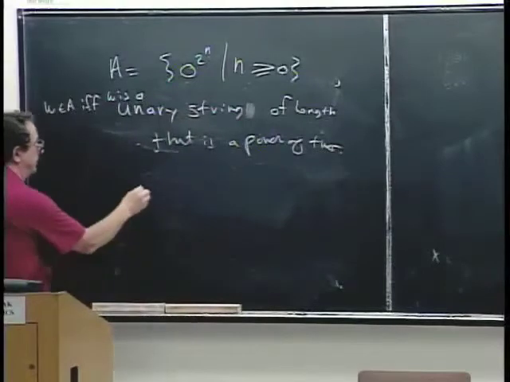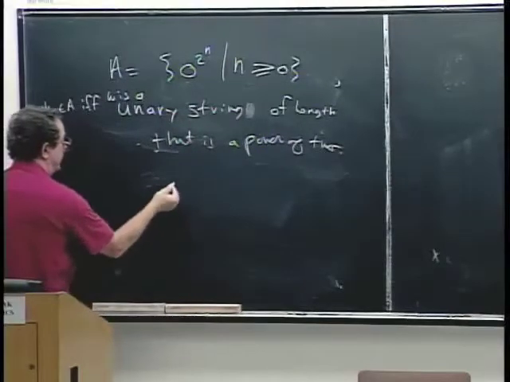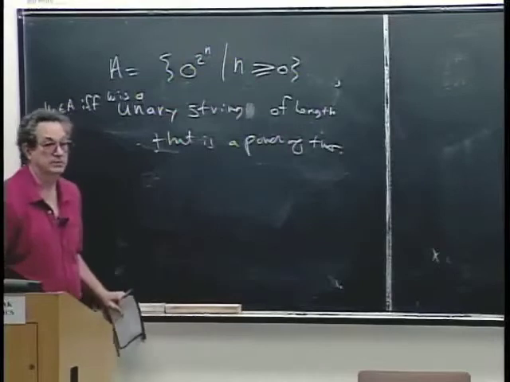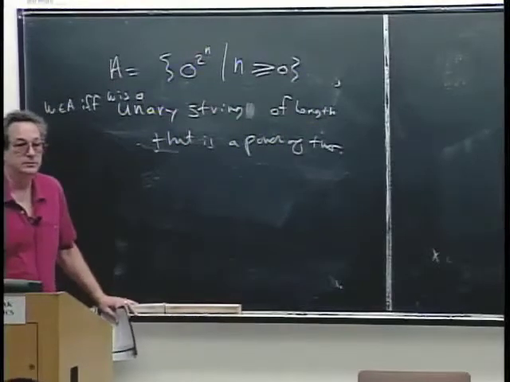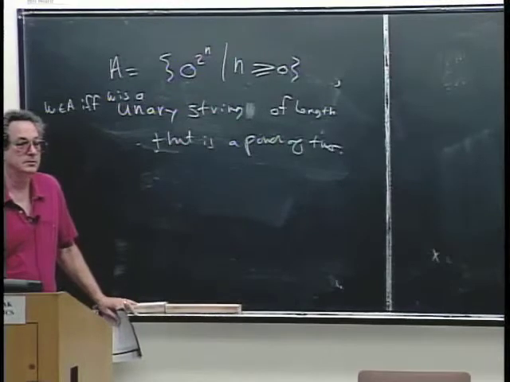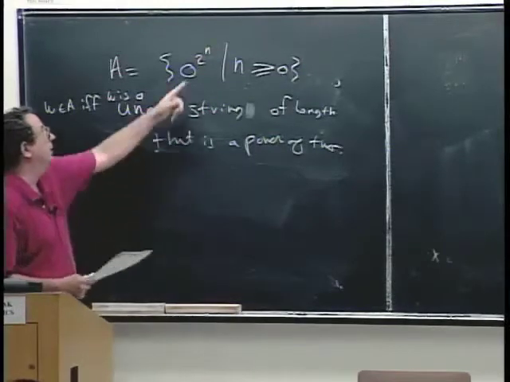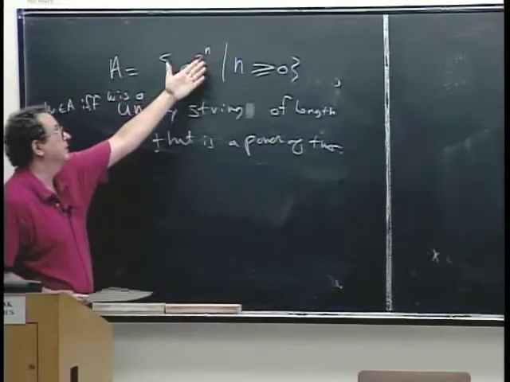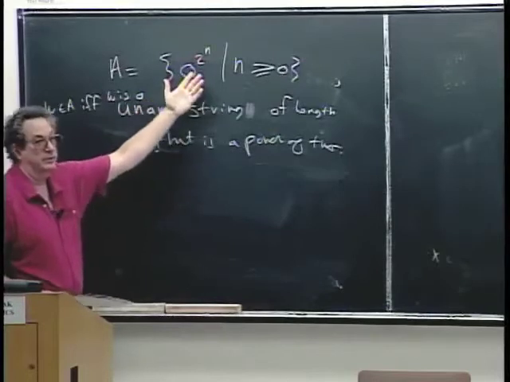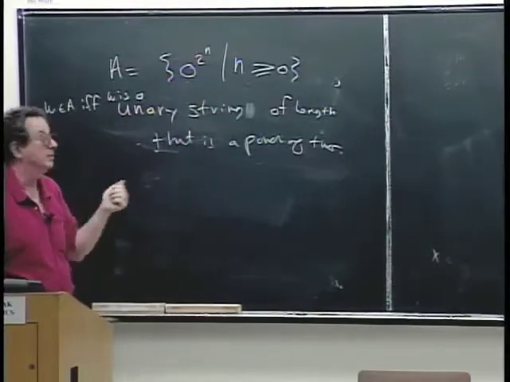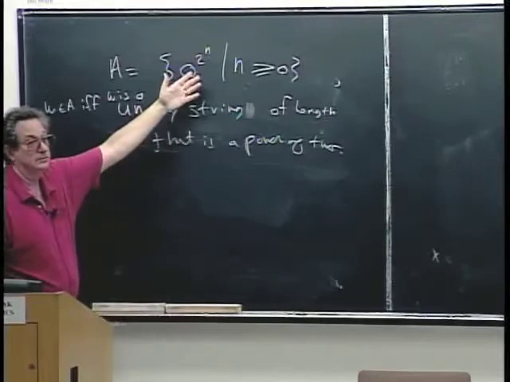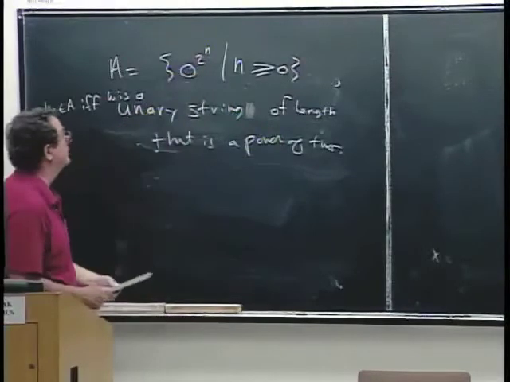So, for example, what about the empty string? Is that in this language? No. Good. I don't think the empty string is in here because the only possibility would be when n is equal to 0, but 2 to the 0 is equal to 1, right? So that would be a single 0. So it doesn't look like the empty string is in there.